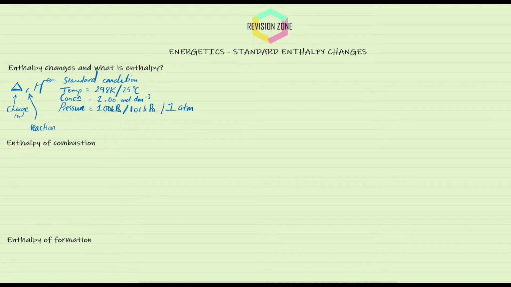Now, this also means standard conditions and states. So what we need to consider are also the states. Obviously, the states change depending on the substance you're looking at. If I'm looking at carbon, we typically say that's solid. If we say it's oxygen, it's a gas at these temperatures and pressures. So the state that we write down during these calculations or in these equations is the state that they would be most stable in within these temperatures and pressures.